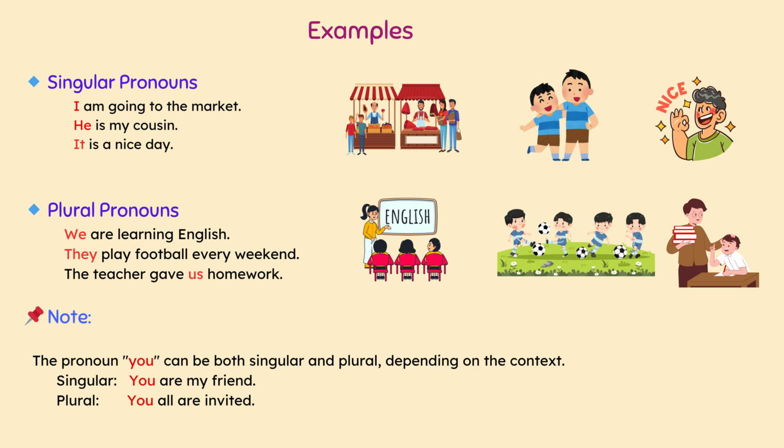The teacher gave us homework. Here's an important note. The pronoun you can be both singular and plural. It depends on the context. Singular. You are my friend, talking to one person. Plural. You all are invited, talking to a group. So remember, the number of a pronoun depends on how many people or things it refers to.